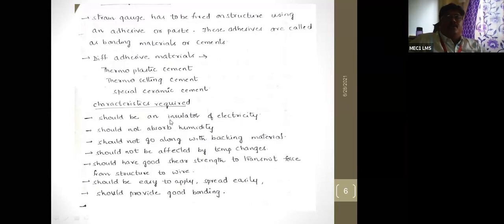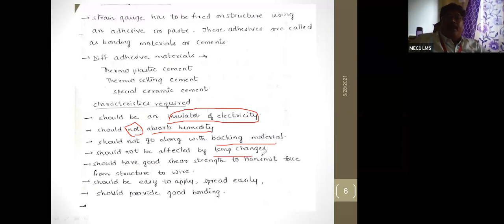The characteristics of these adhesive materials: it should be an insulator of electricity, that means non-conducting. It should not absorb humidity, should not be affected by temperature changes, and should have good shear strength and transmit the force from the structure to the wire.